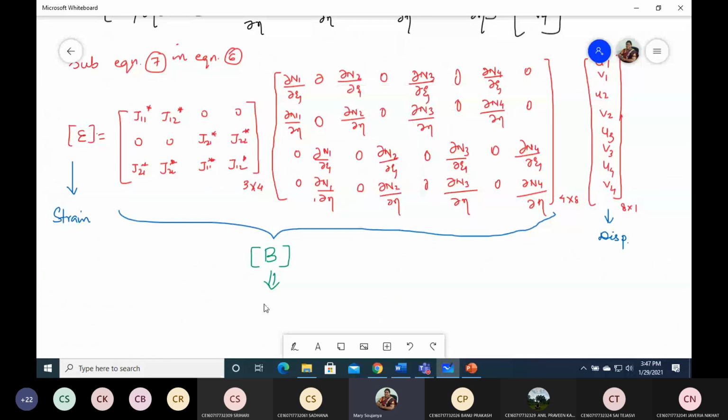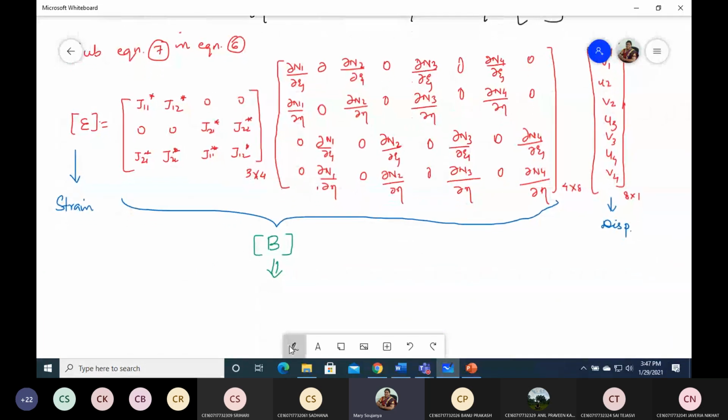Let us take this B matrix as equation number 8. Now we have B matrix with us.